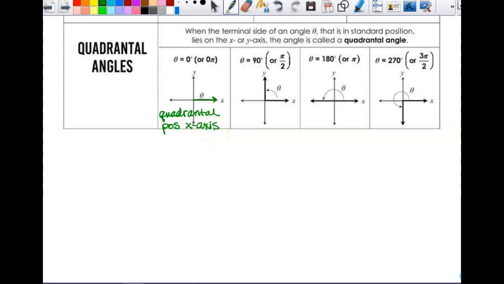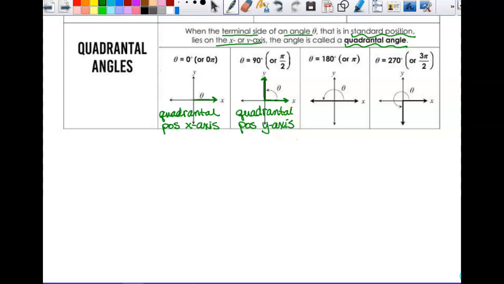Okay. So when the terminal side of an angle, and it has to be in standard position, lies on the x or y-axis, it's called a quadrantal angle. So here, if I'm at pi halves or 90 or any of the coterminal angles that get me there, no matter how I land there, I'm not in a quadrant, I'm on the axis, I would say it is quadrantal. And this time it's on the positive y-axis.